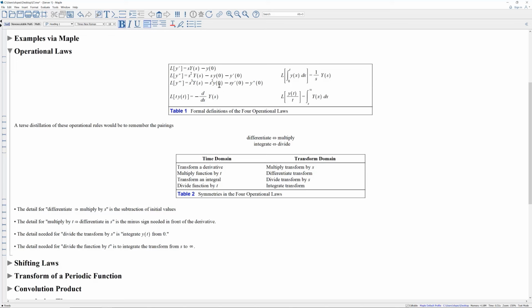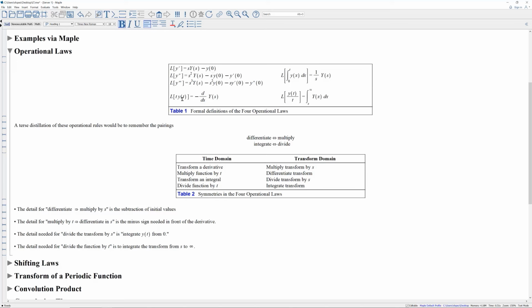If you go up the scale, you'll see s cubed, s squared, s to the first power, s to the 0 power. Then you see functions, no derivative, one derivative, two derivatives. So s's go down, derivatives go up. There's mastery of the derivative law.